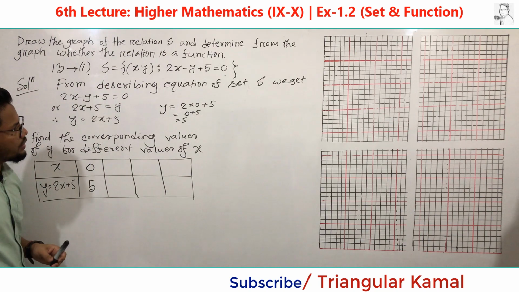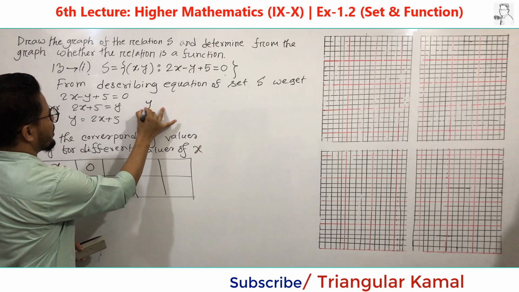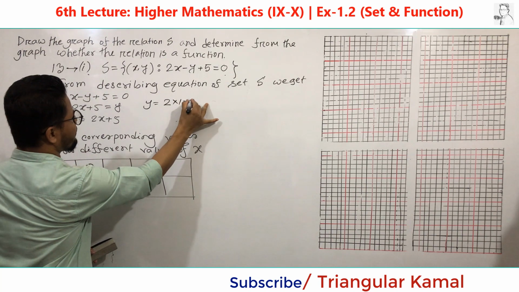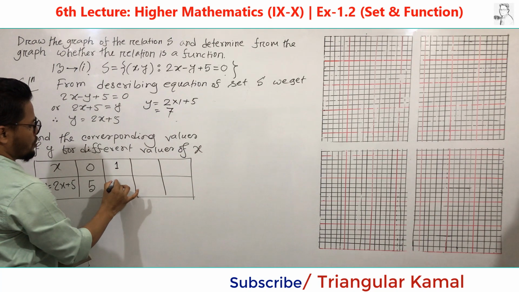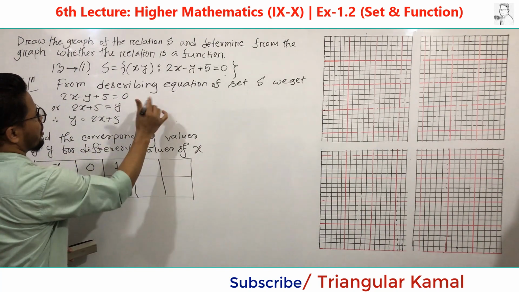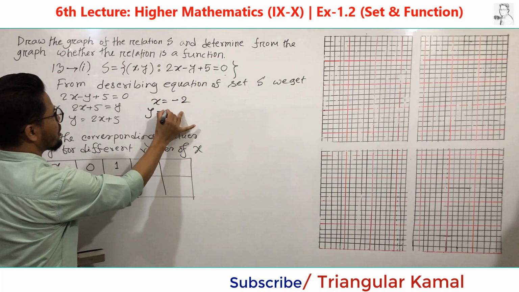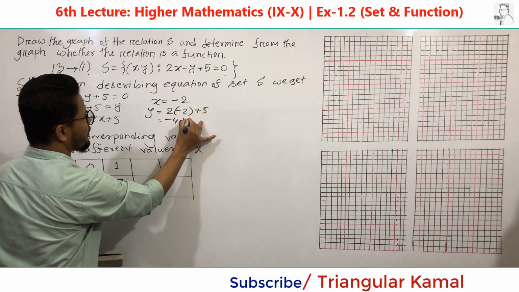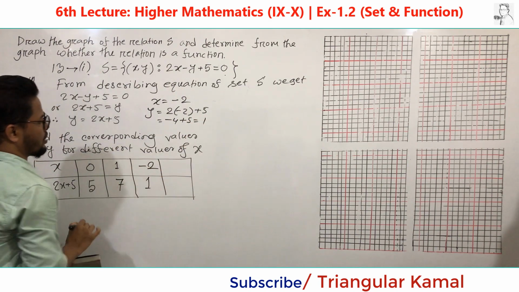When x equals 1, then y will be 2 times 1 plus 5. This one will be 7. So when x equals 1, y will be 7. Now take 2 negative points. When x equals minus 2, then y will be 2 times minus 2 plus 5, that is minus 4 plus 5, equals 1. So when x equals minus 2, y will be 1.